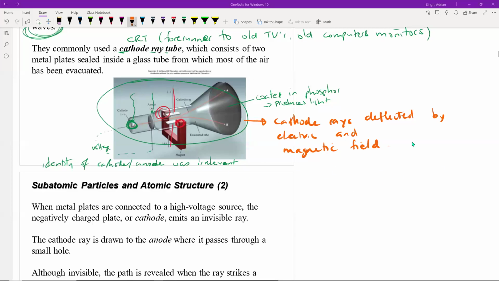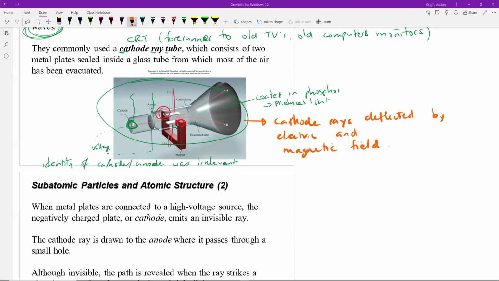The rays were repelled by the negative electrode in the electric field, and they were attracted to the positive electrode in that electric field.